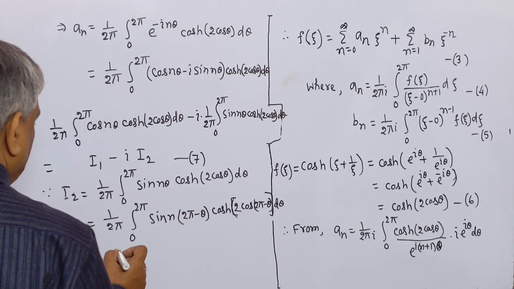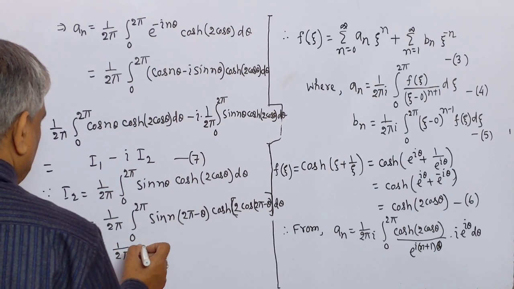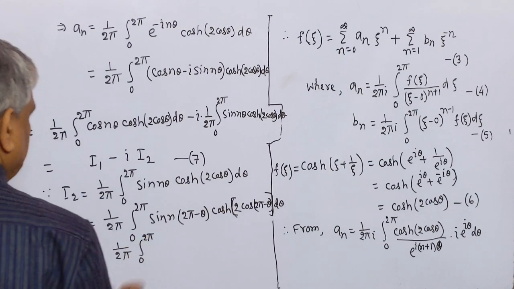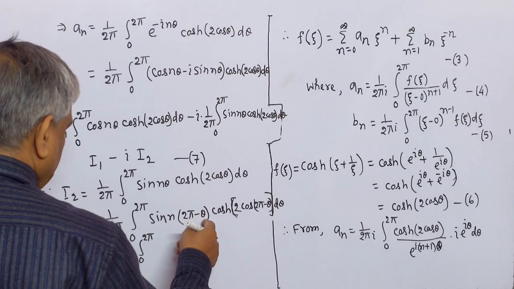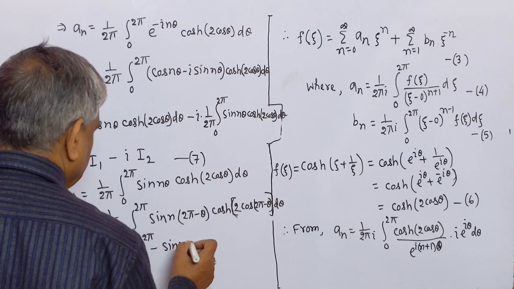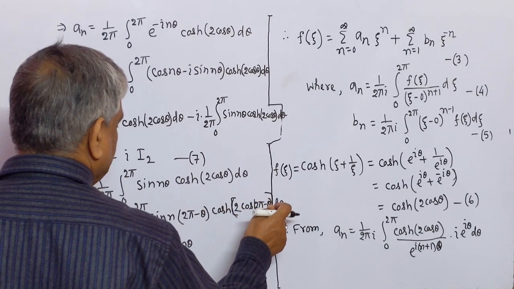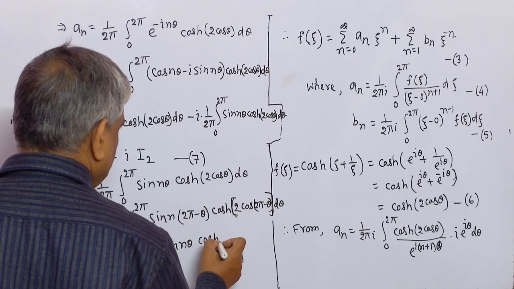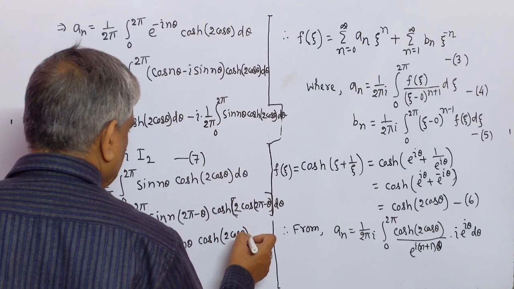This is equal to 1 by 2 pi, integral from 0 to 2 pi of sin(2n pi minus n theta). This is minus sin n theta. Here cos(2 pi minus theta) is cos theta, so this is cosh(2 cos theta) d theta.